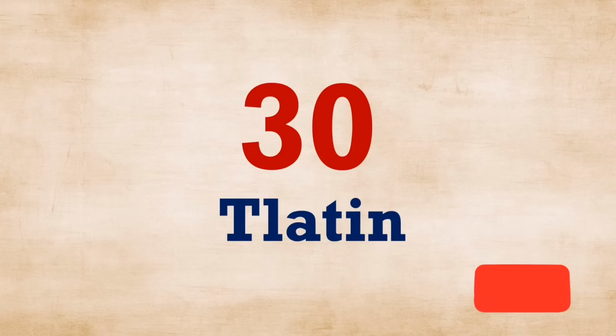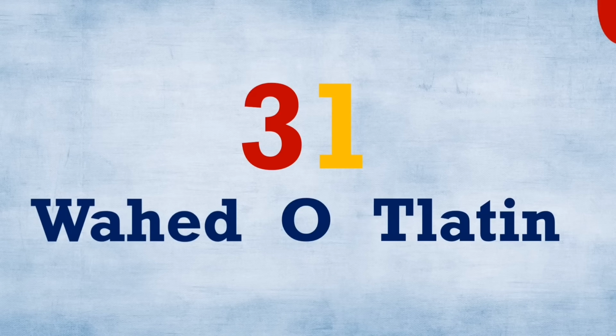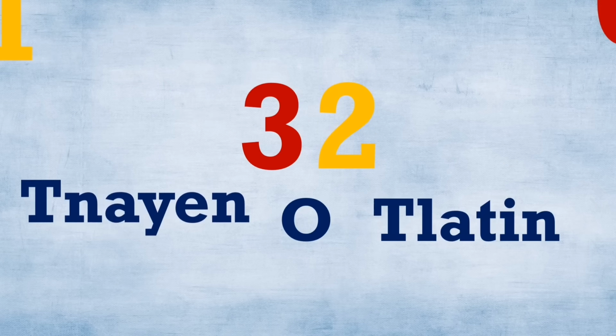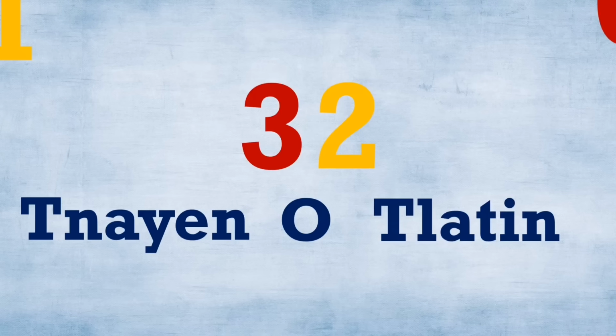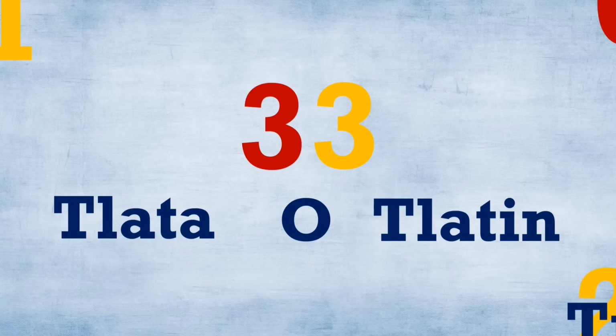So guys, the same pattern that we did in numbers from 21 to 29, you can do it from 31 to 39. Let's do it quickly. 31. And then we have 32. 33.